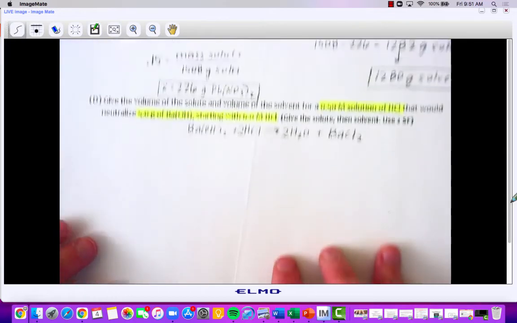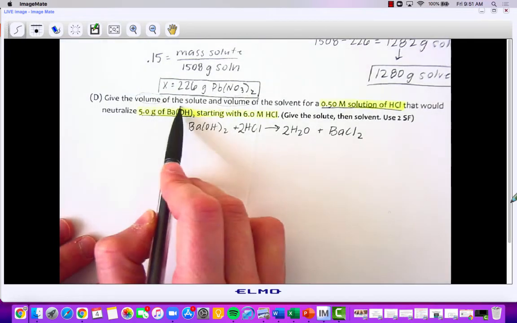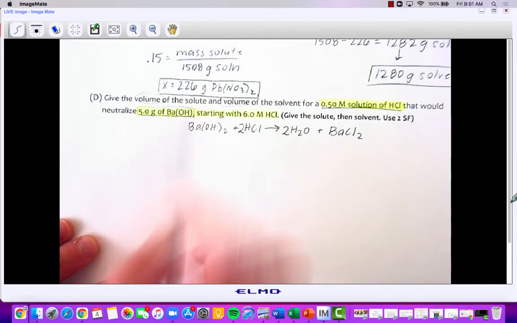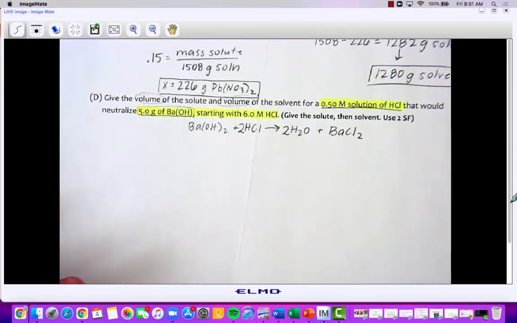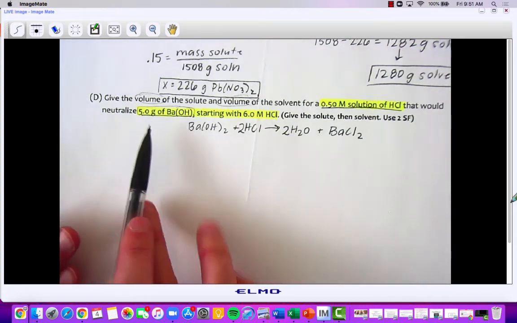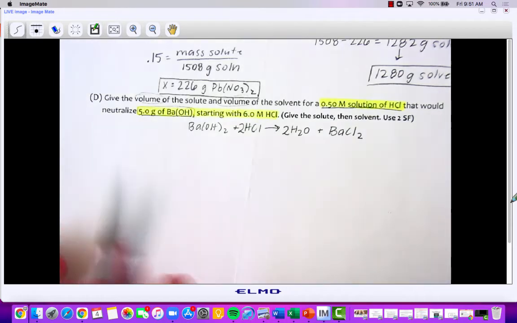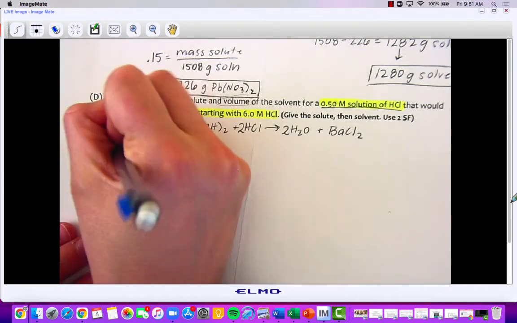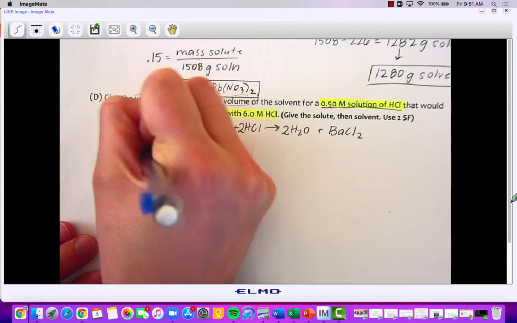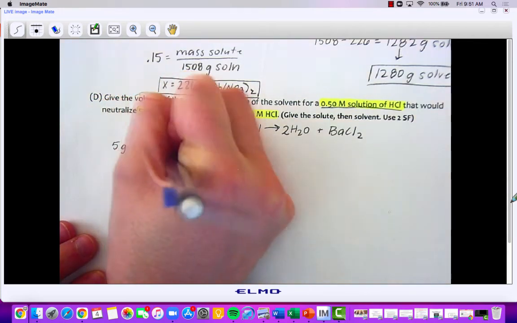So I'm going to actually start with the mass. And I'm going to stoich to moles of HCl. So if I have 5 grams of barium hydroxide, how many moles of HCl would we need to neutralize that? So 5 grams of barium hydroxide.